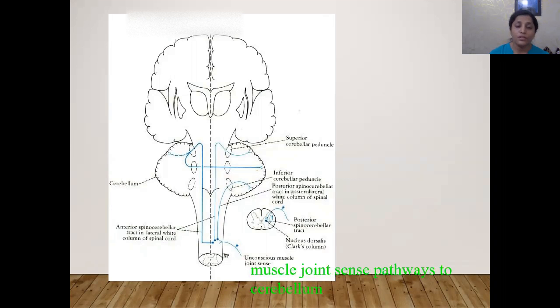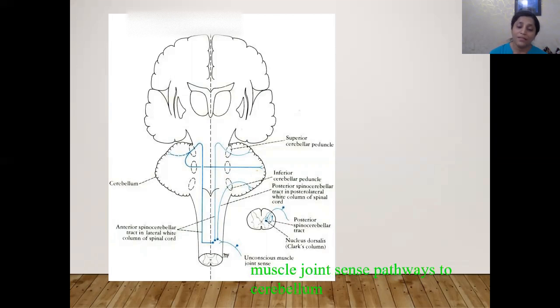It is very important to see here that out of all the fibers which cross to the opposite side in the anterior spinocerebellar tract, few fibers enter the superior cerebellar peduncle and reach the cerebellum, whereas few would take a U-turn and via the middle cerebellar peduncle would reach the opposite side of the cerebellum.